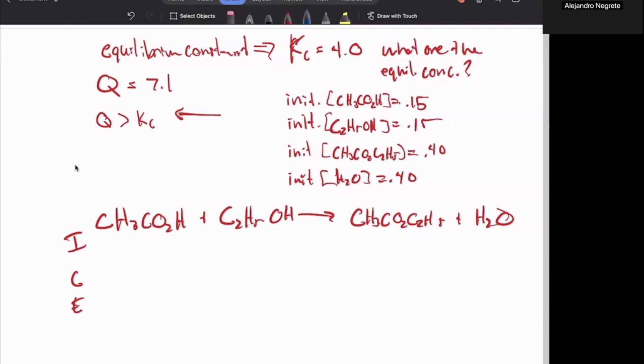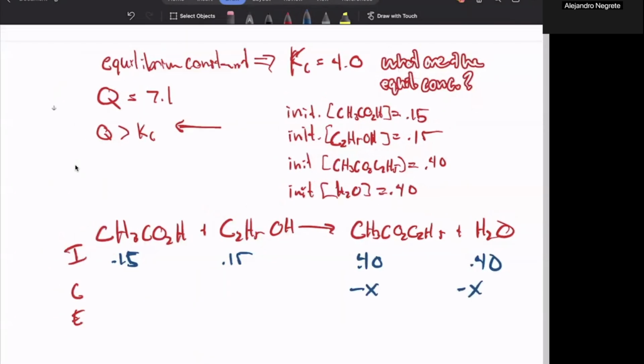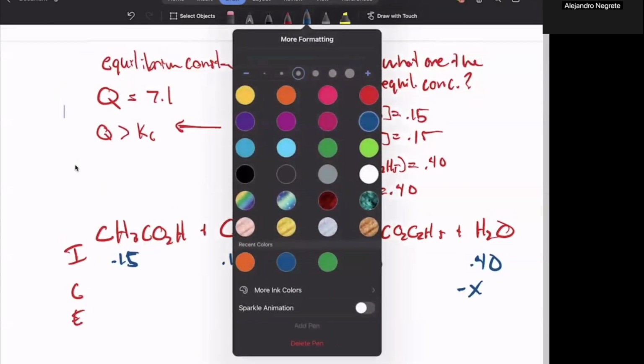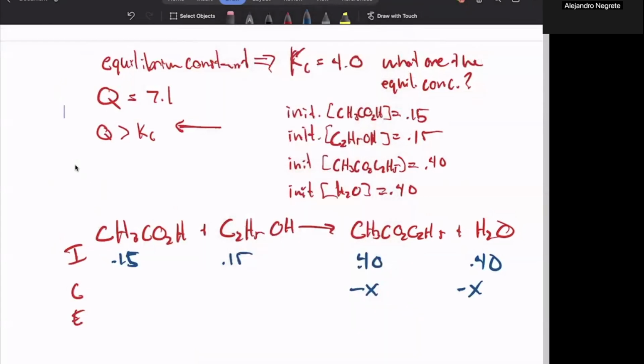So our initial concentration 0.15, initial concentration 0.15, initial concentration 0.40, 0.40. Now the change that's occurring is this is minus X and this is minus X because, just as a reminder, this reaction is shifting to the left.